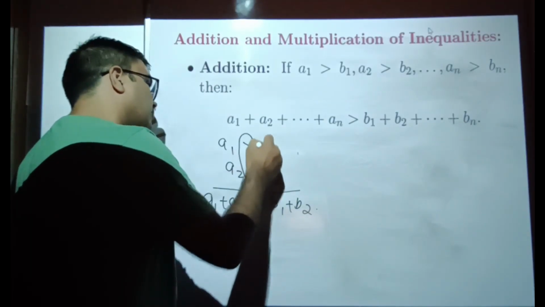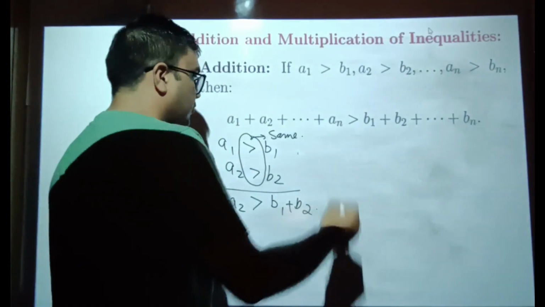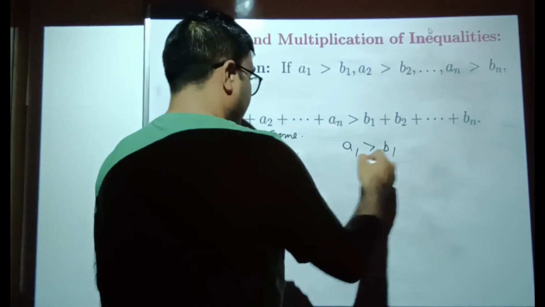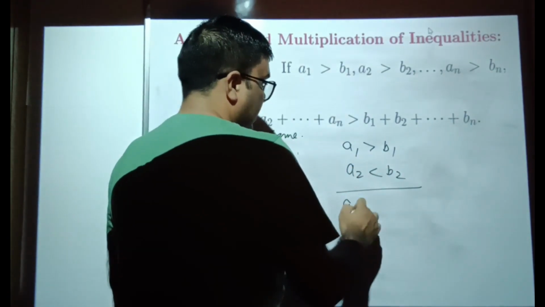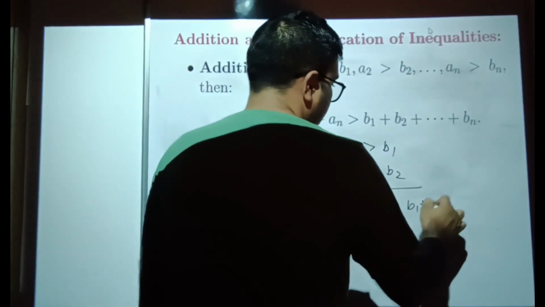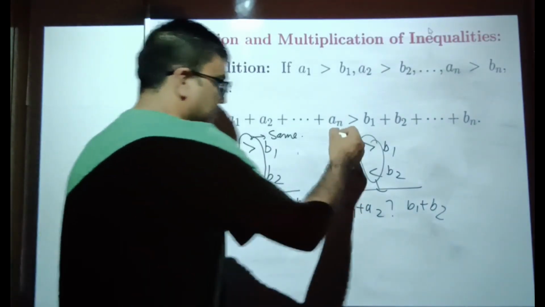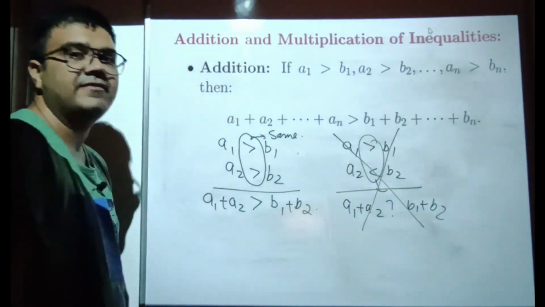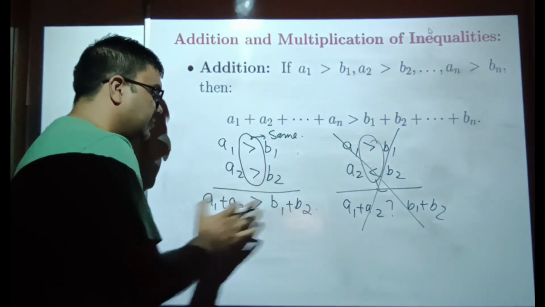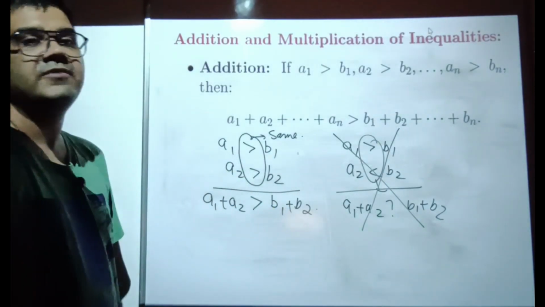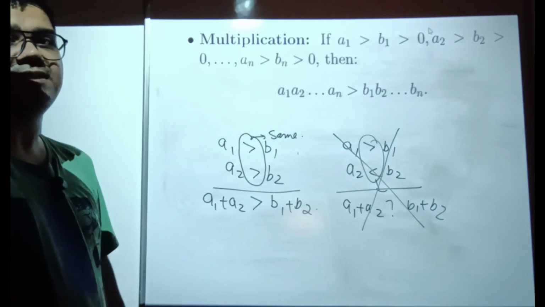It is very important to note that both these signs are the same. We are not doing A1 is greater than B1 and A2 is less than B2. What sign would you use for A1 plus A2 and B1 plus B2? So this kind of idea we are not going to use. If A1 is greater than B1 and A2 is greater than B2, then A1 plus A2 is greater than B1 plus B2. Similarly, we can use it for n terms. This is for addition.